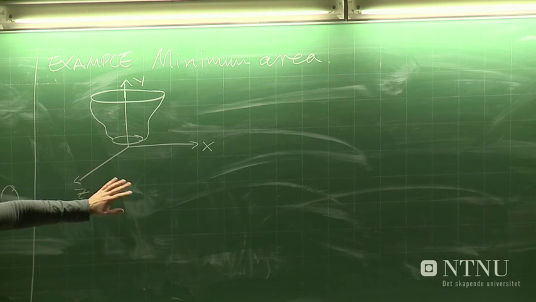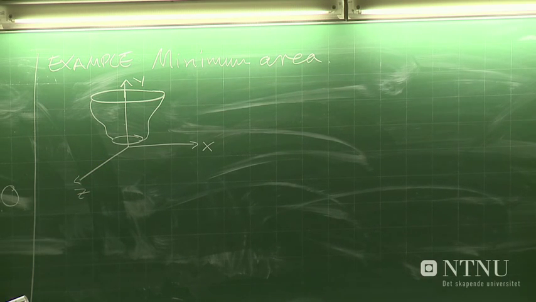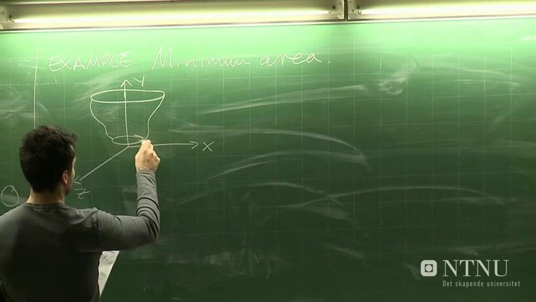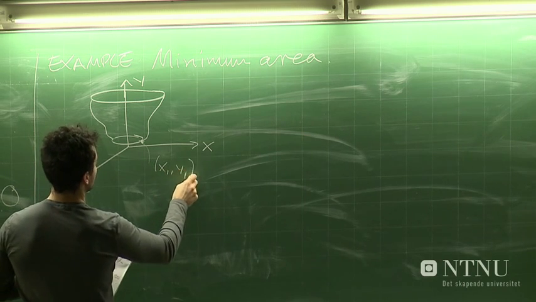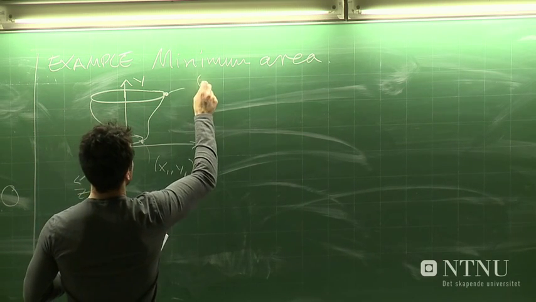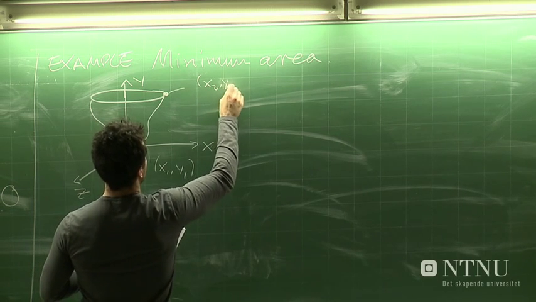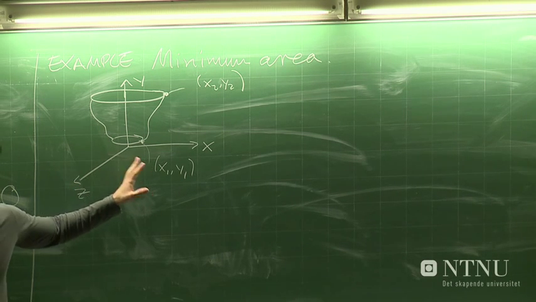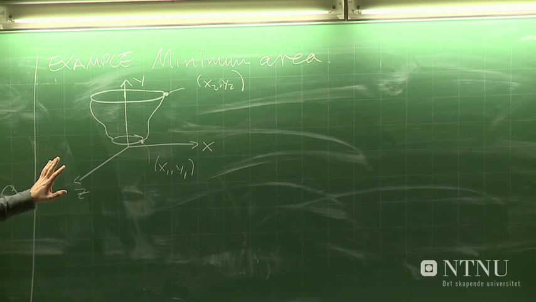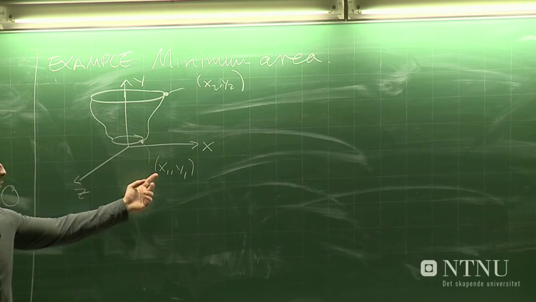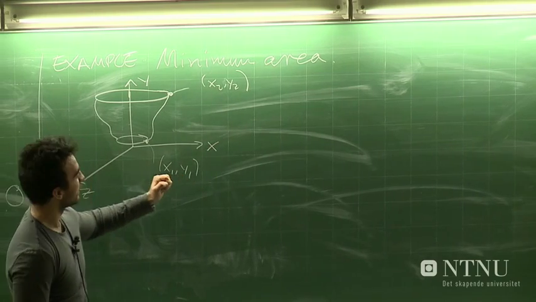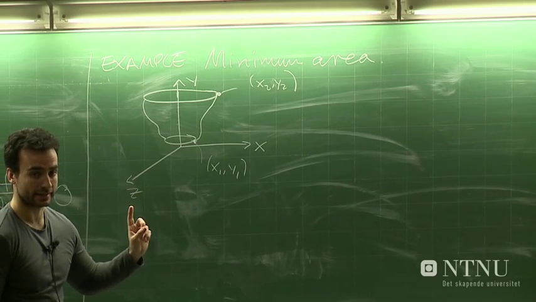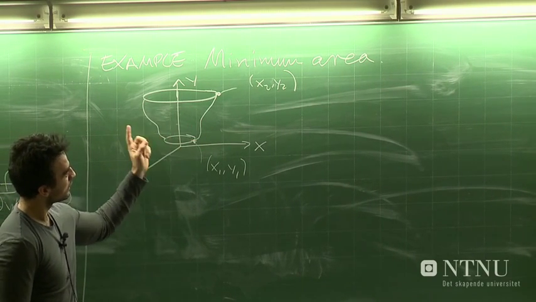So imagine we have three-dimensional space and we have some object here. And let's say that we can obtain this object by first fixing 2 points in the xy plane, x1, y1, and x2, y2. And then just take the curve between these 2 points and revolve it around the y-axis. So you get this object.